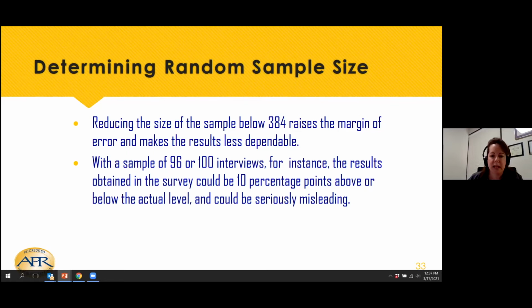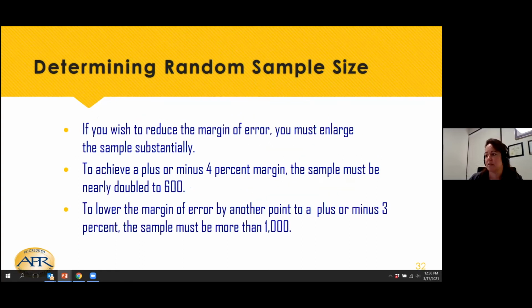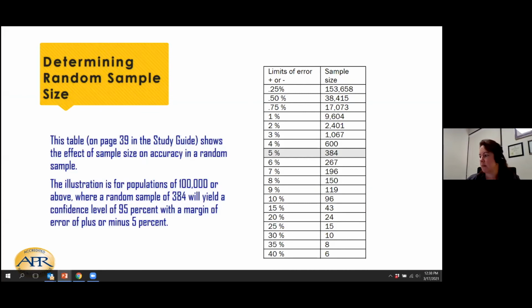Reducing the size of the sample below 384 raises the margin of error and makes the results less dependable. So if you surveyed fewer than 384 people, say 150, you're only at an 8% plus or minus margin of error.